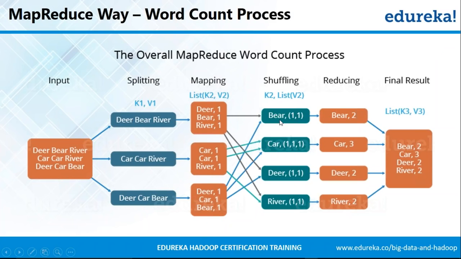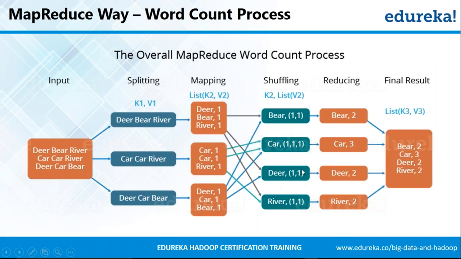In the shuffling phase, all the keys had a list of values that was assigned by going through all the results given out by the mapping function. So for bear it was 1, 1 because there was bear, 1, and then another bear, 1 in the third split. Similarly for car, it became car, 1, 1, 1.